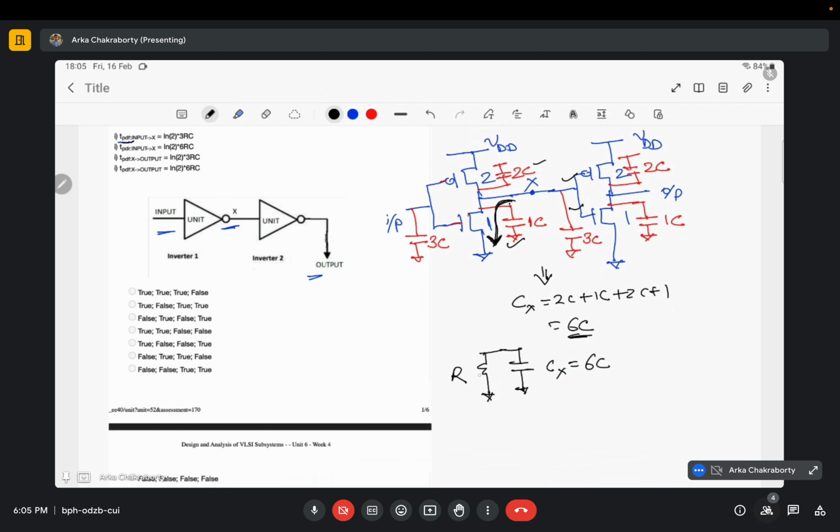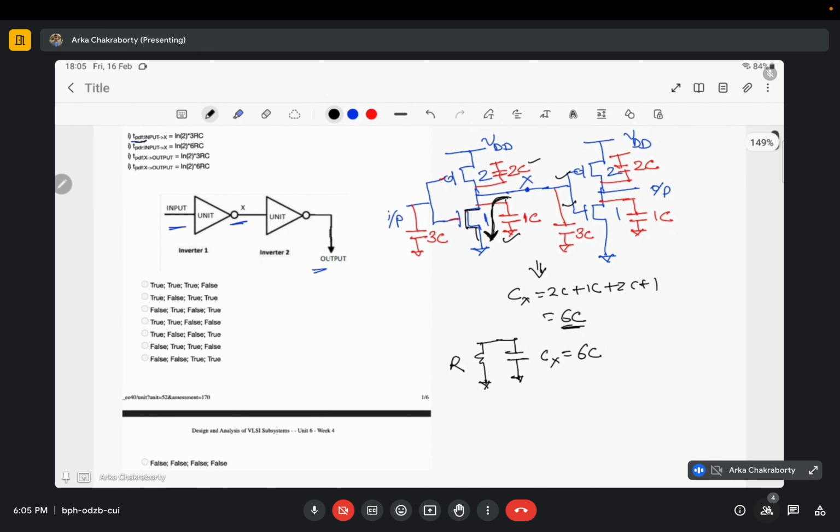And it would be R only because it is an NMOS, and for a unit NMOS the resistance is R only. So we know the delay would be ln2. Why ln2? I have done the proof in the previous class also, how we are getting this ln2 value.